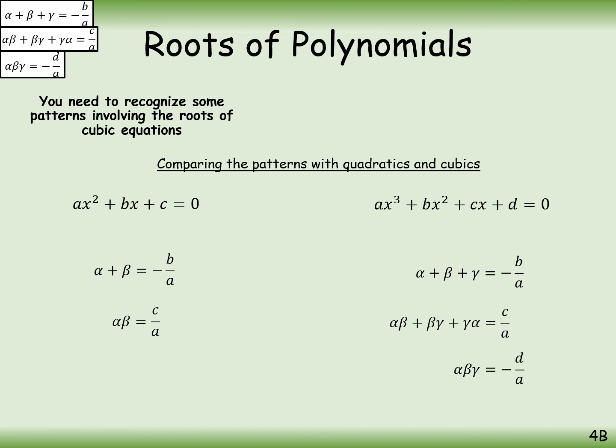Alpha beta gamma equal to minus d over a. So sum of singles, minus b over a. Sum of doubles, c over a. And sum of triples, minus d over a.